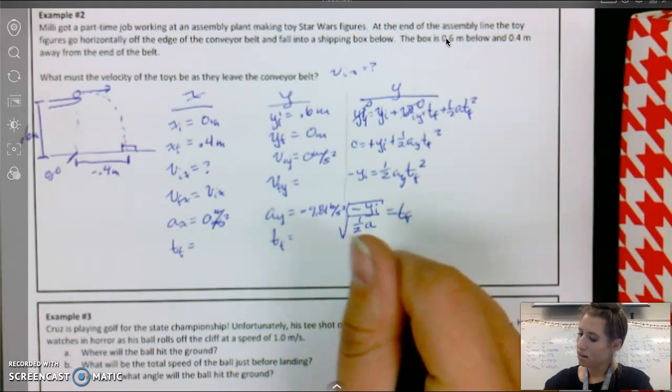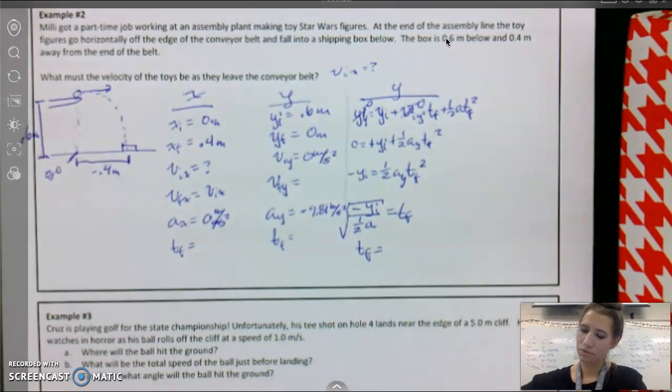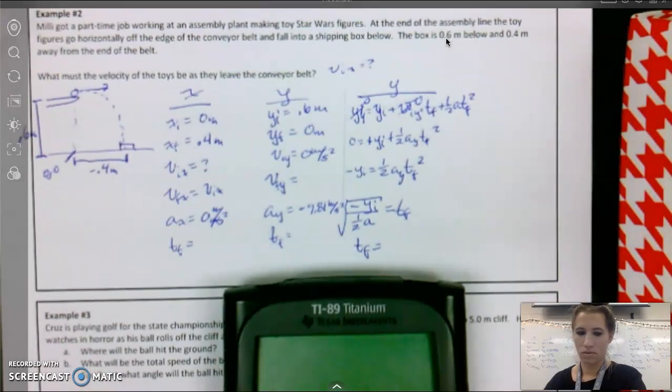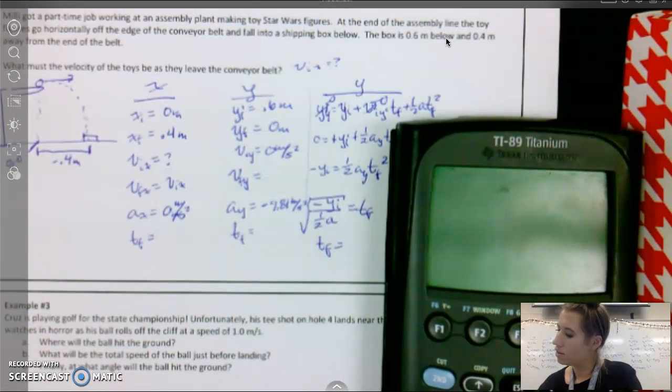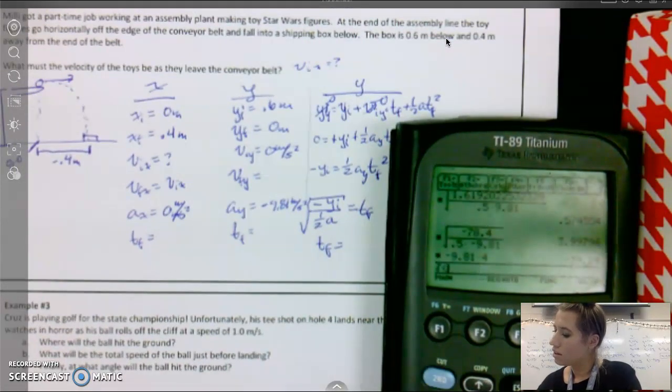So when I plug in those numbers, right now, y initial is 0.6, so negative 0.6 divided by 0.5 times negative 9.81.